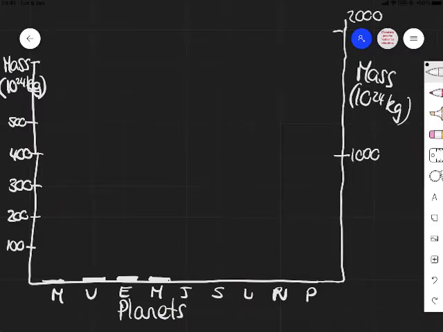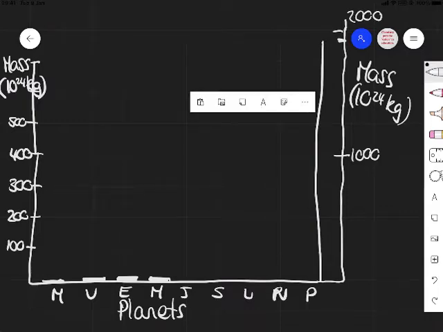We then go to Jupiter, 1898. So it's going to roughly be around here.